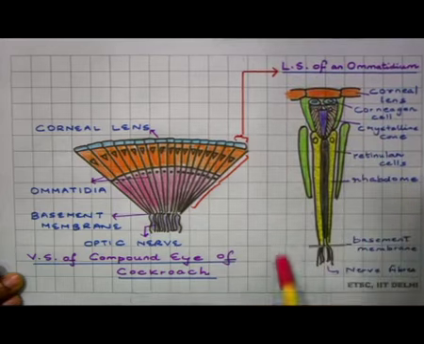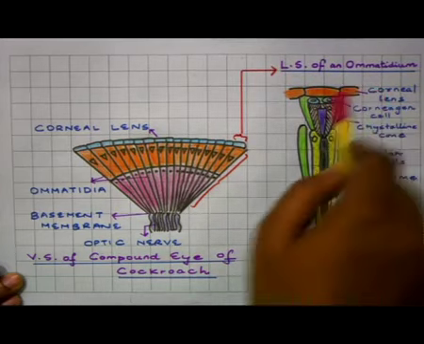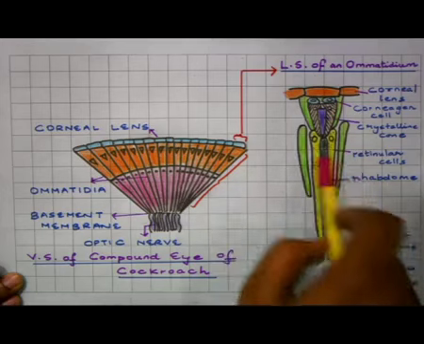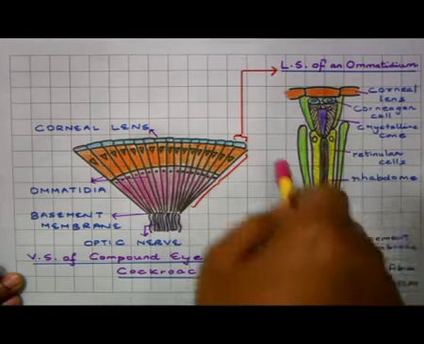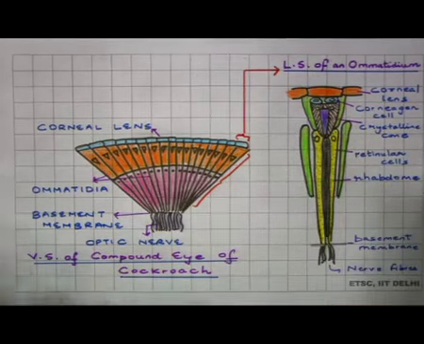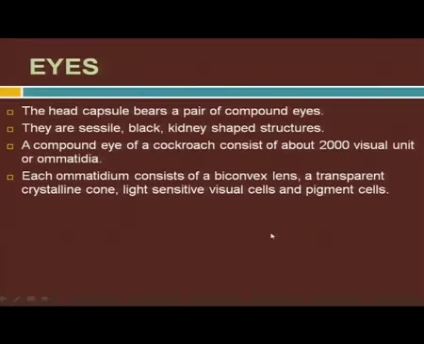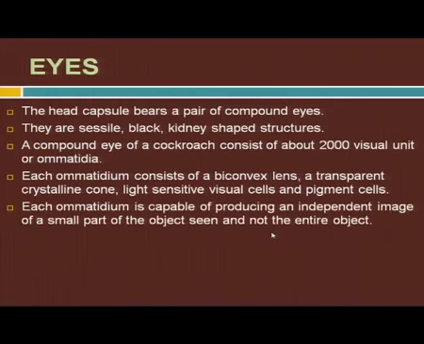So, this is the structure of an ommatidium, and a compound eye of a cockroach comprises many ommatidia. So, you can see an image like that of pixels, many small dots, which if seen together comprise one compound eye. This is a very peculiar feature of a compound eye.